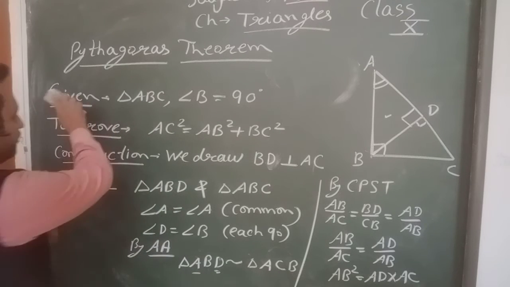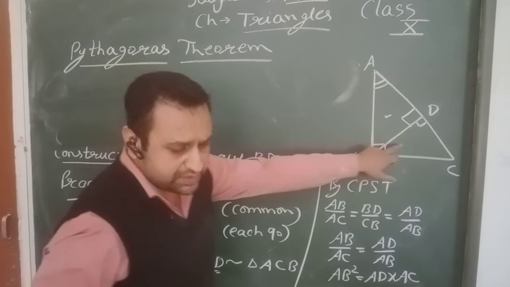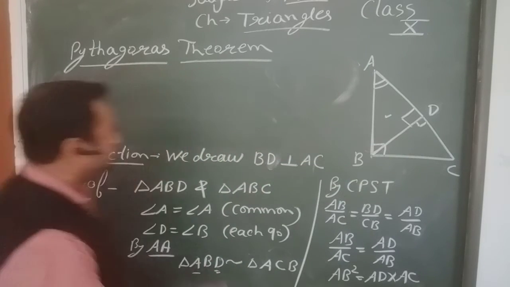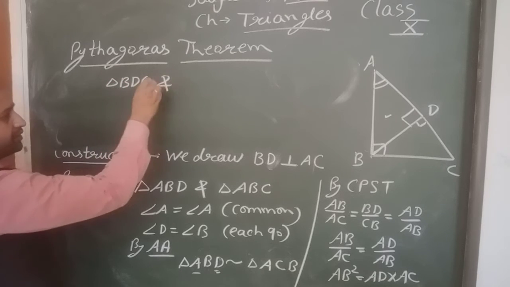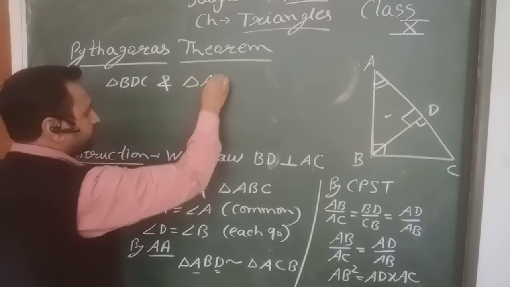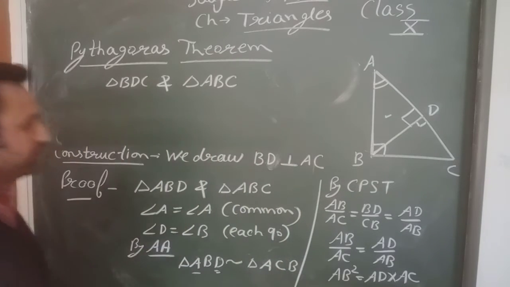Now we have to prove triangle BDC and triangle ABC are similar.